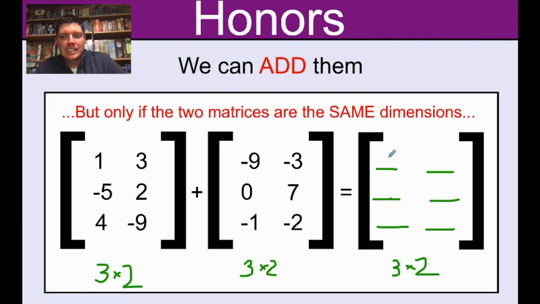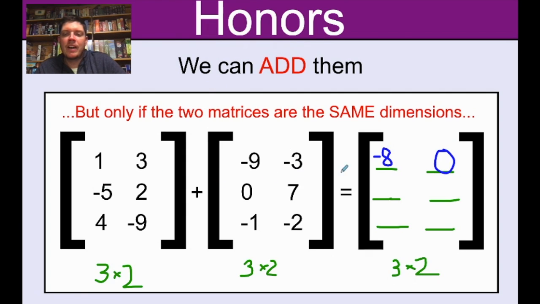And you guessed it. In order to fill out this first row, first column, all I'm going to do is take the first row, first column of this matrix plus first row, first column of this matrix, and that's going to be a -8, so that's going to go right here. Okay, to find this number, it's going to be this number plus this number, so 3 plus -3 is 0.